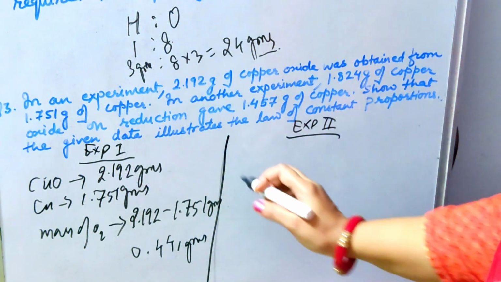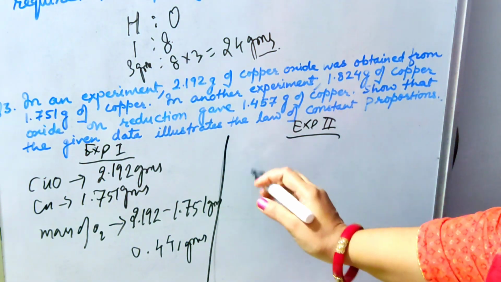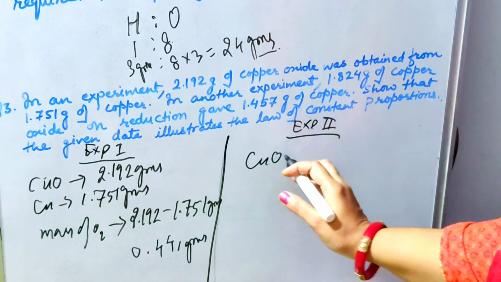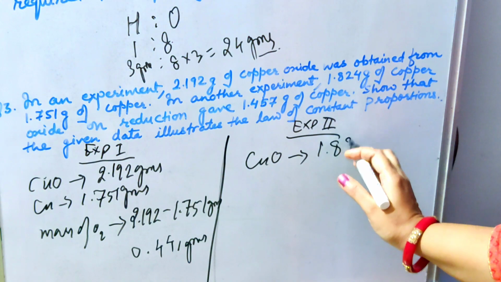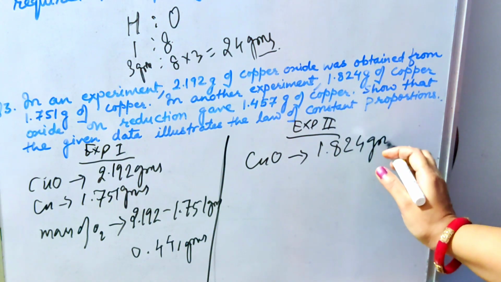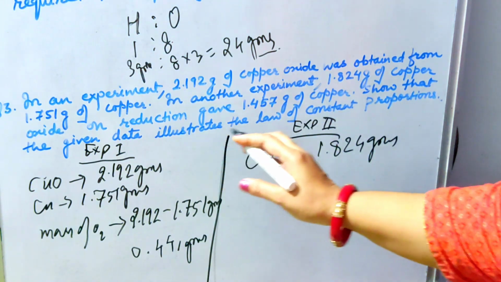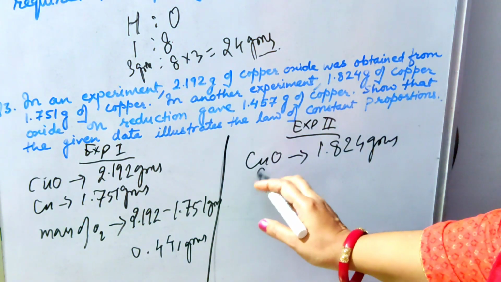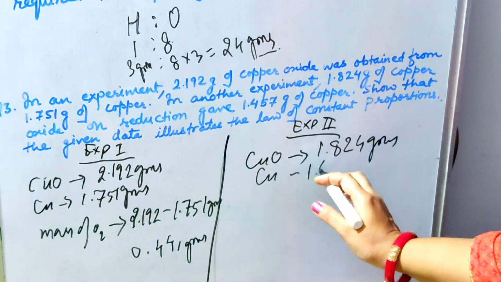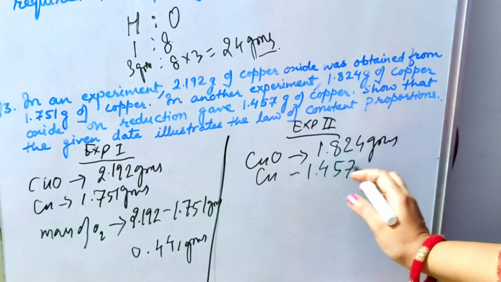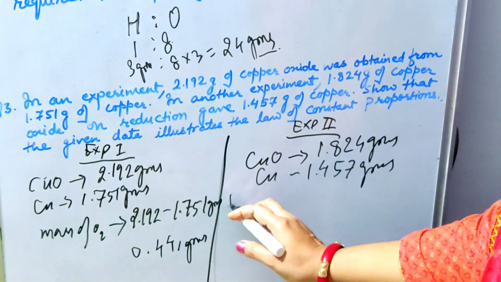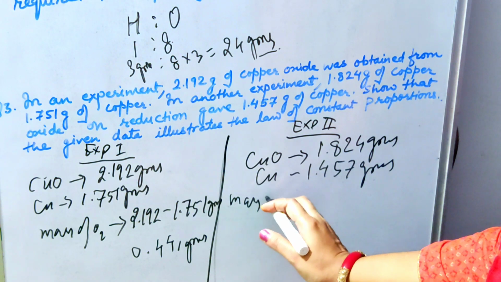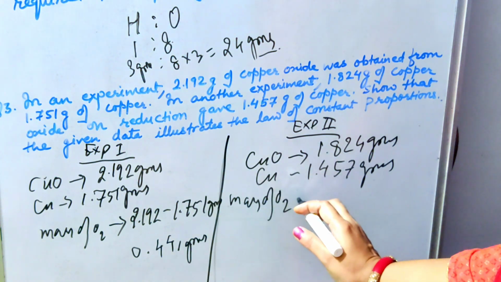Okay. Similarly, in experiment number 2, we can see that copper oxide mass is here 1.824 grams, and on reduction, how much copper has been obtained? 1.457 grams. Similarly, here also you can find out the mass of oxygen. Mass of oxygen can be obtained.